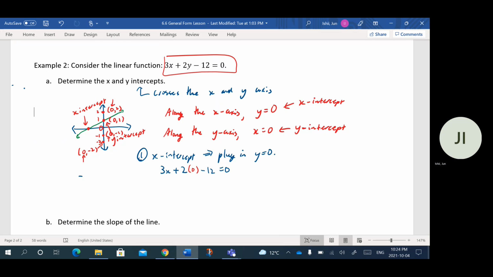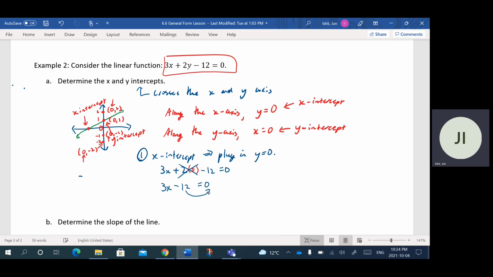Now, key thing here is 2 times 0 is 0, and if I add 0 to anything, it's like it's not even there. So basically we can just cross this term out. Anything plus 0 is still the same. So what you're left with here is you want to solve 3x minus 12 is equal to 0, and solve for x.